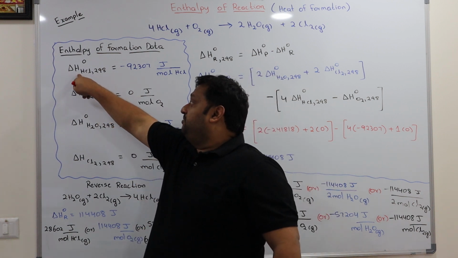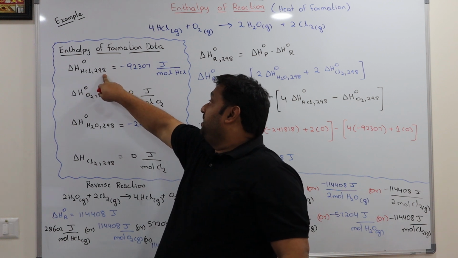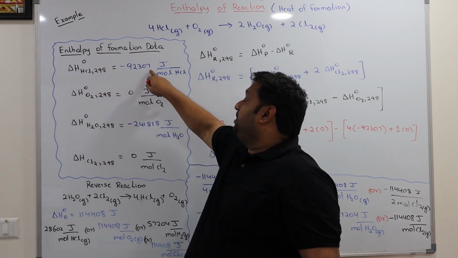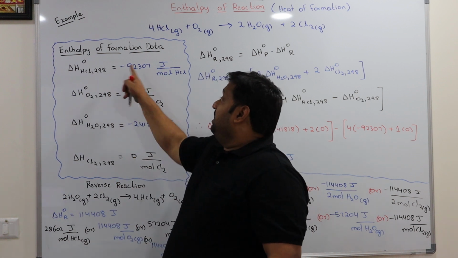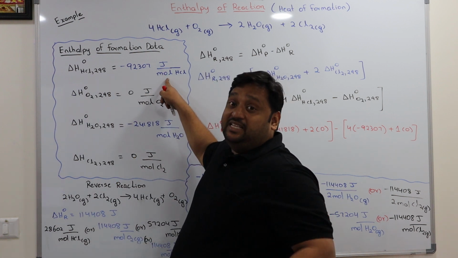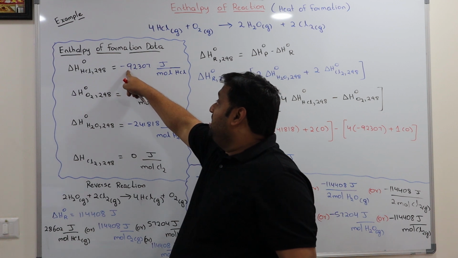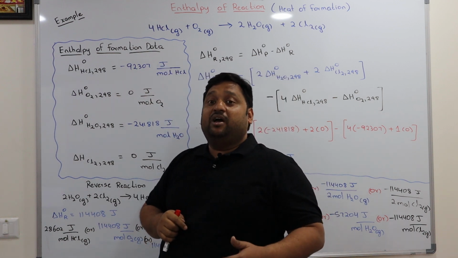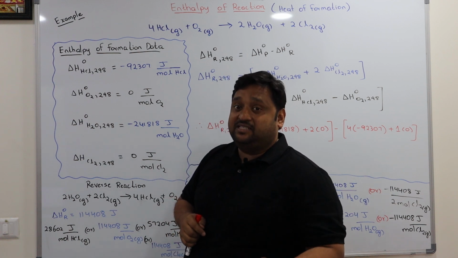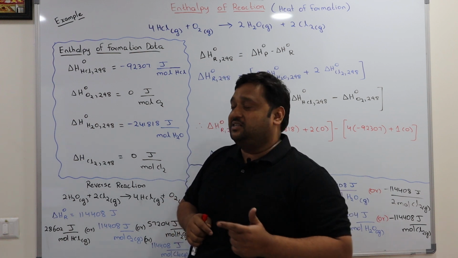So the heat of formation of HCl at this temperature is minus 92307 joule per mole of HCl. That means for every 1 mole of HCl formed, 92307 joules of heat is released. Minus means it is an exothermic reaction.